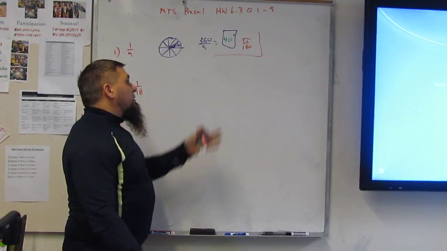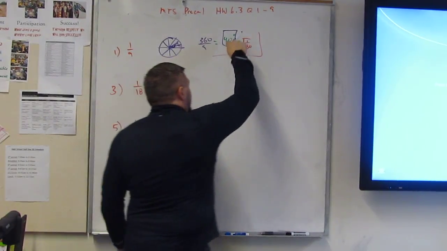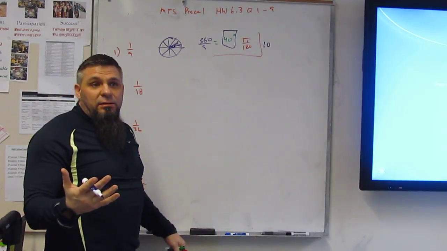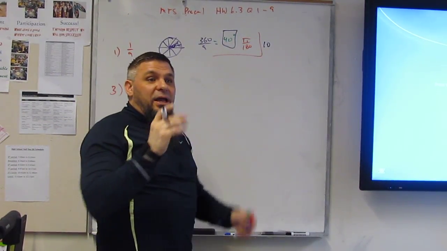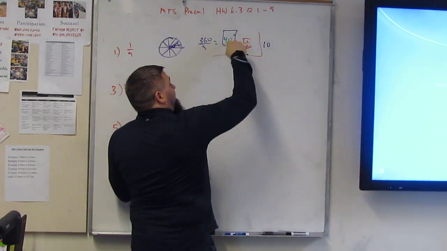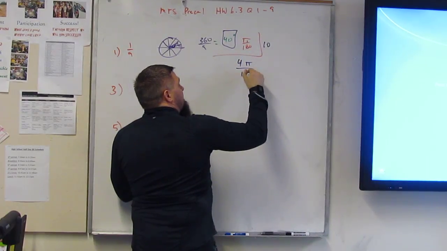But then take 40 multiplied by pi over 180. What goes into 40 and 180? A nice easy number to deal with first is 10. It goes into 40 4 times, and it goes into 180 18 times.